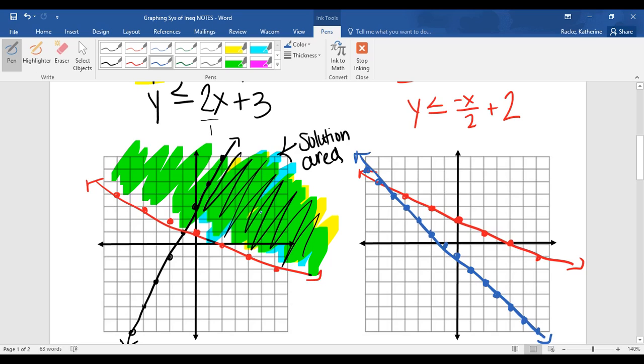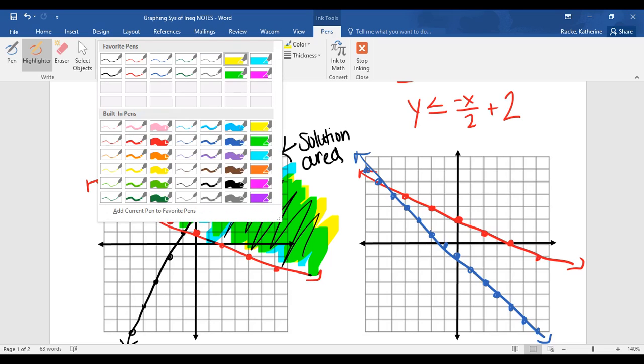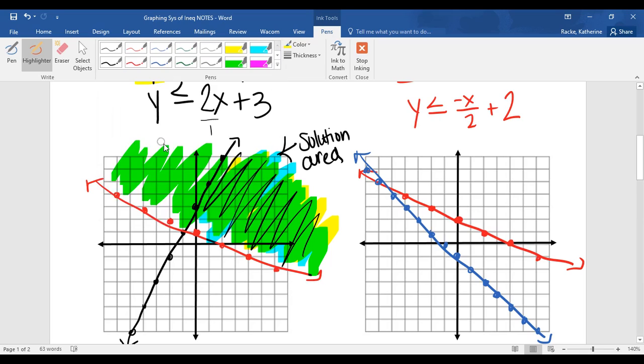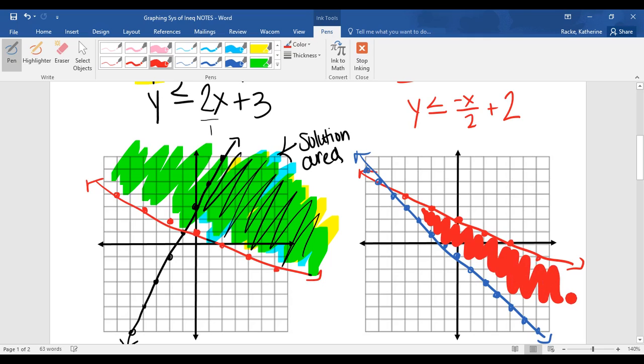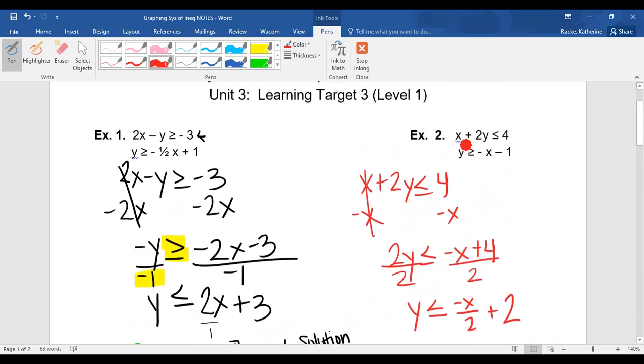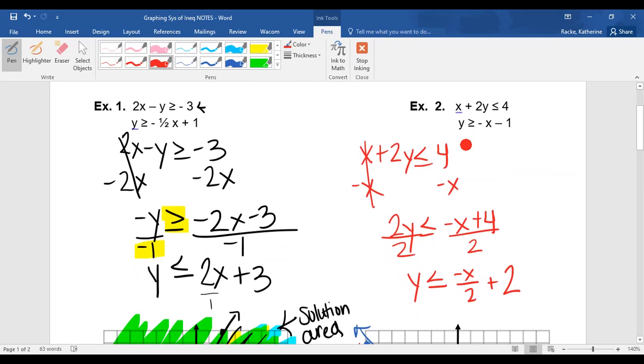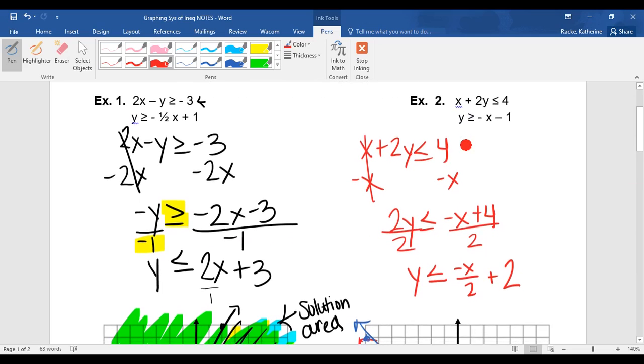Okay, so for my red line, let's use this one. Less than or equal to. So that is going to be within this area. Okay, less than or equal to. And my other one is greater than or equal to.